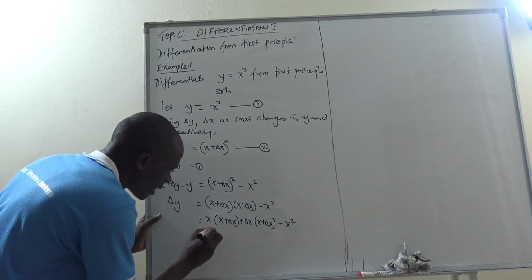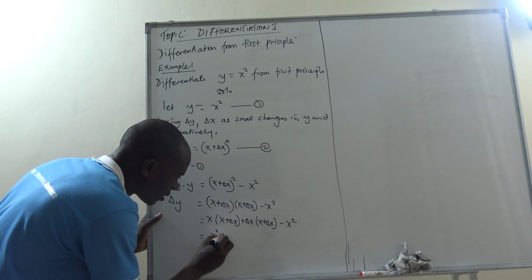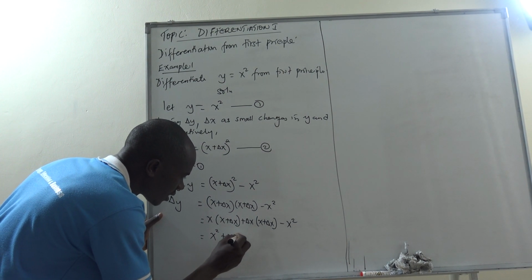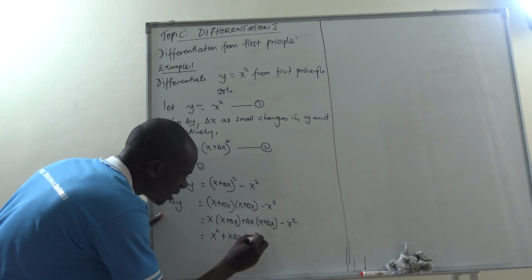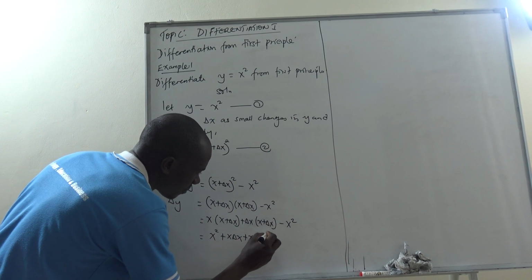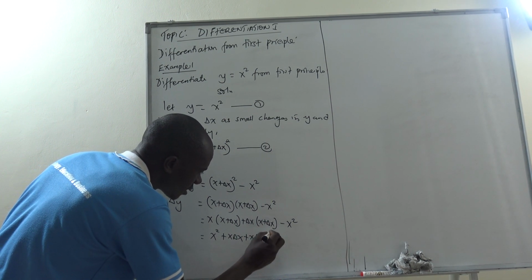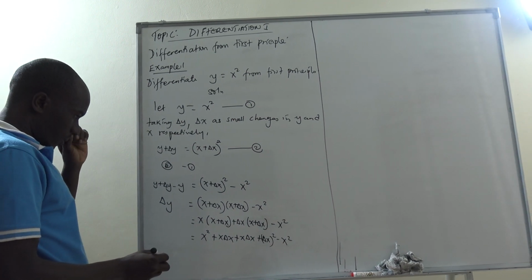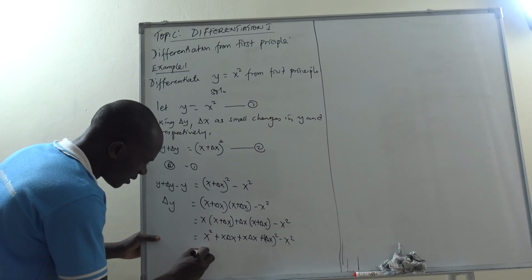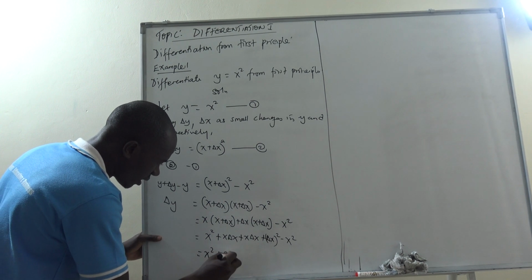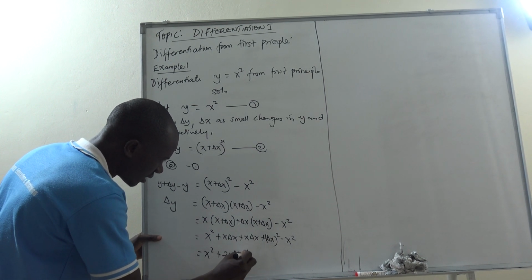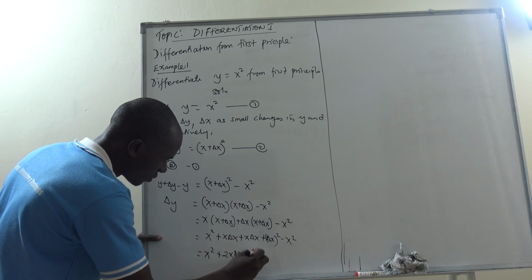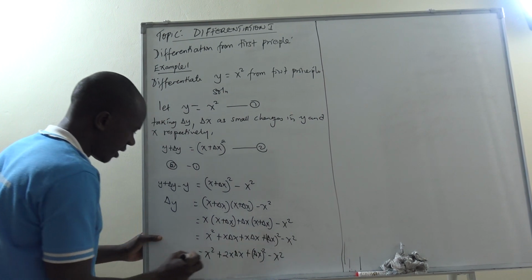So this becomes x squared plus x delta x plus again x delta x plus delta x squared minus x squared. So this becomes x squared plus 2x delta x plus delta x squared minus x squared.